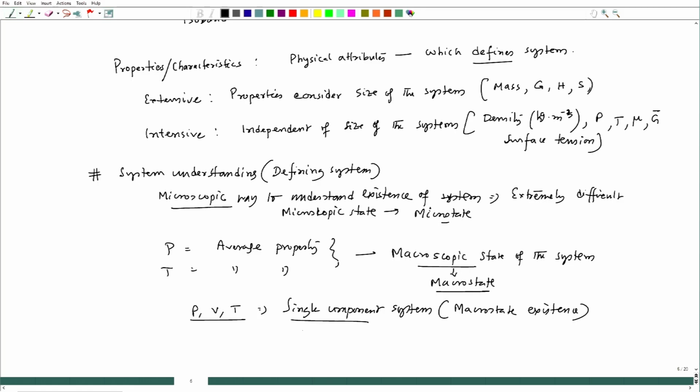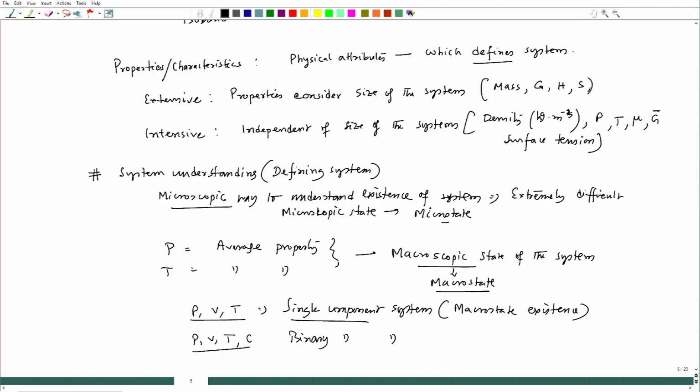But if we consider a binary, two component system, we have to introduce one more term because the composition comes into the picture. Composition I can denote as C. If we know all four, then definitely the system existence is defined.